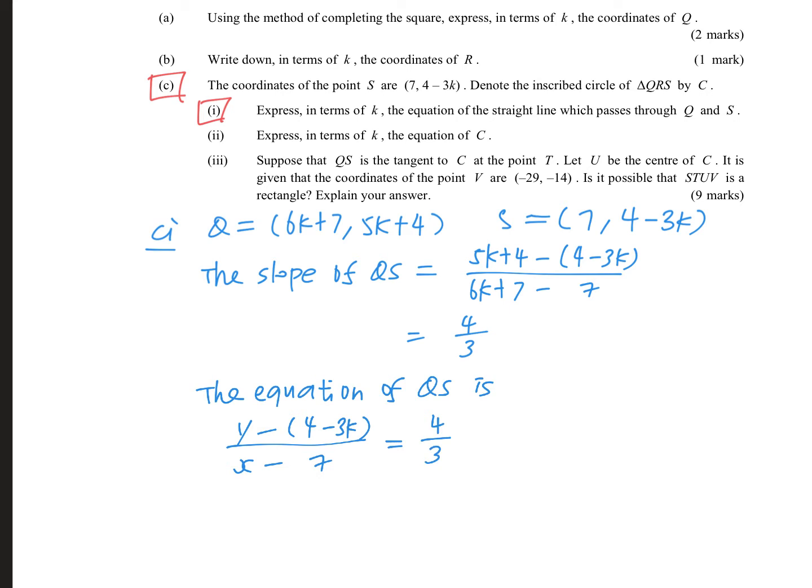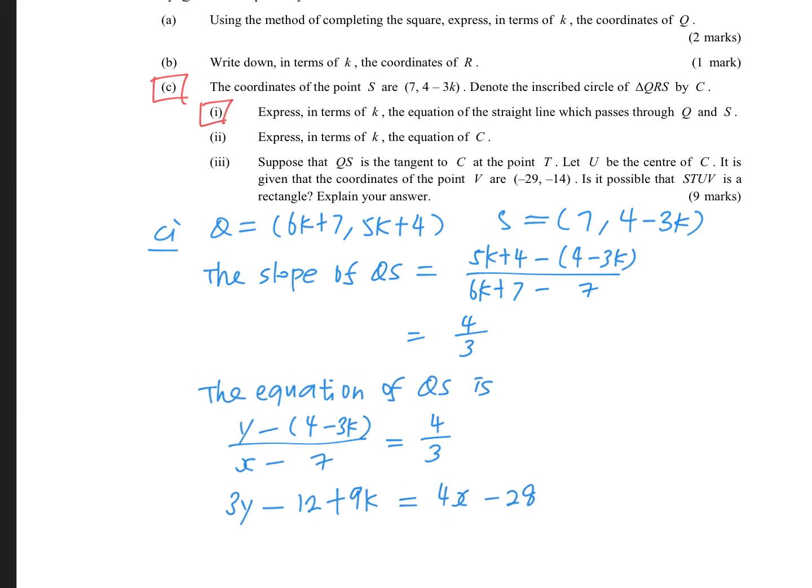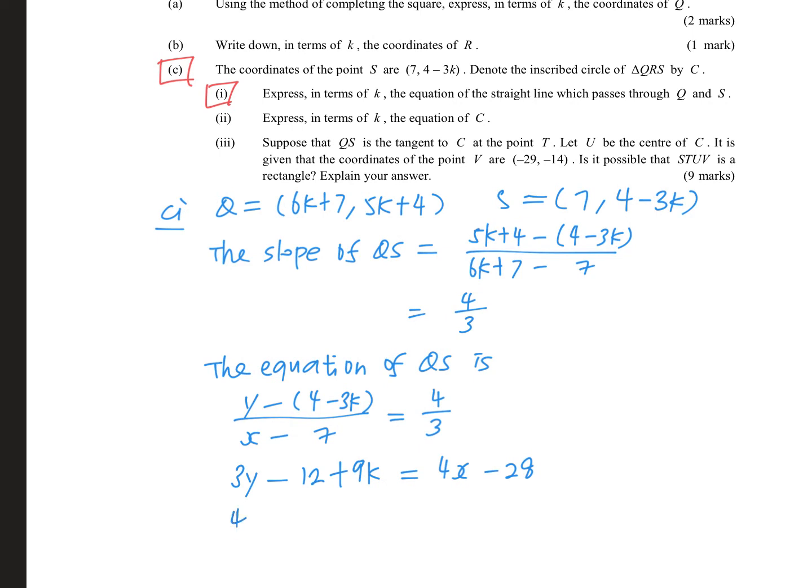Cross multiply, so 3y minus 12 plus 9k equals 4x minus 28. In general form, at the end, 4x minus 3y minus 9k minus 20 plus 12, which is minus 16, equals 0.